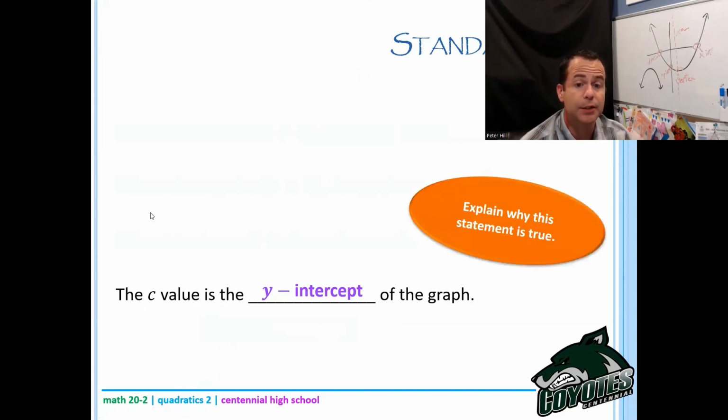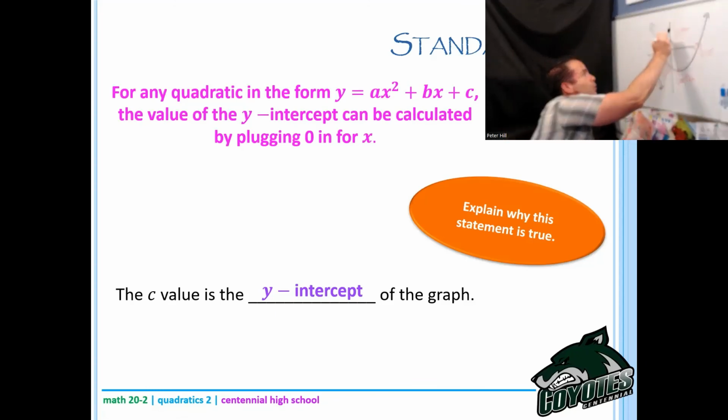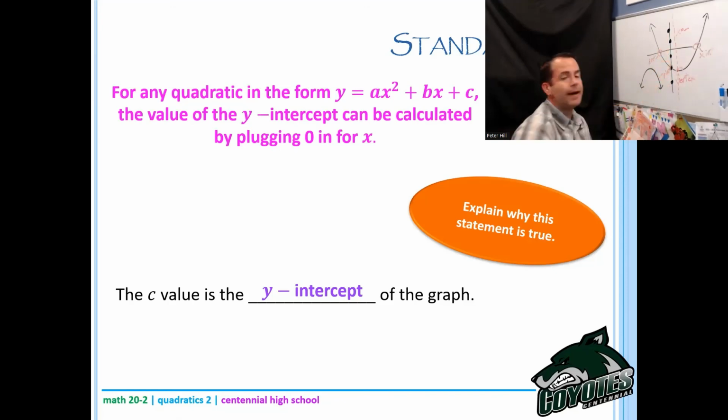Let's go back to that y equals ax squared plus bx plus c format, okay? For any quadratic in the form y equals ax squared plus bx plus c, the value of the y-intercept can be calculated by plugging 0 in for x. Why? Why is that possible? Well, take a look. Anytime I'm on the y-axis, all of these guys would have x values of 0 because they haven't moved left or right.